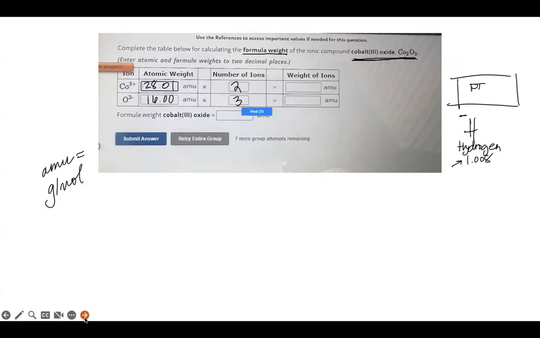So now you would need to multiply across and fill in this box. You'll multiply 16 times 3 and fill in this one. Then you'll add these together to find the entire formula weight, which you'll input there.